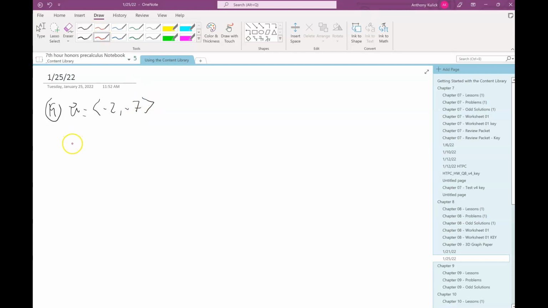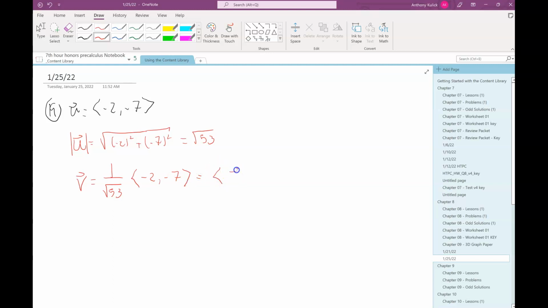To find my unit vector, I need to find the magnitude of u. 4 plus 49 is square root of 53. So to get my unit vector, I'll call it v for the sake of argument, I'm going to do 1 over the magnitude of u times u.